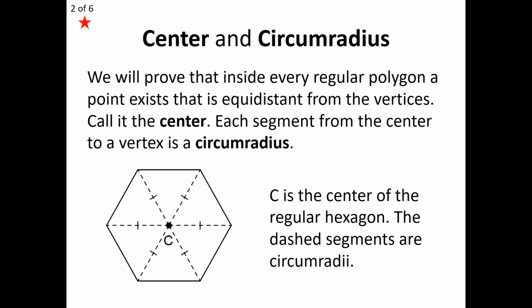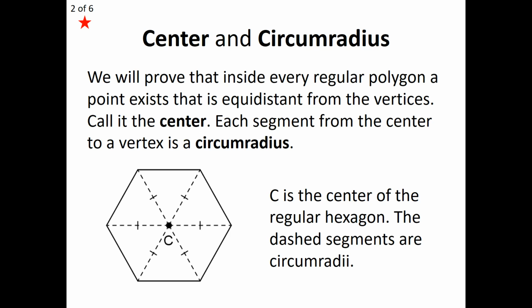And here's why. We found that with our regular polygons, we are able to inscribe them in a circle, meaning that the circle will pass through the points of the regular polygon's vertices. Because of that, the circumradius, the segment from the center to one of the vertices of our regular polygon, is actually the same length as the circle's radius.